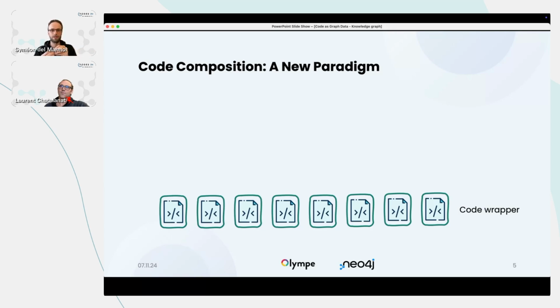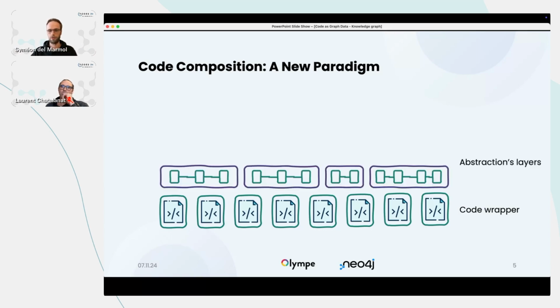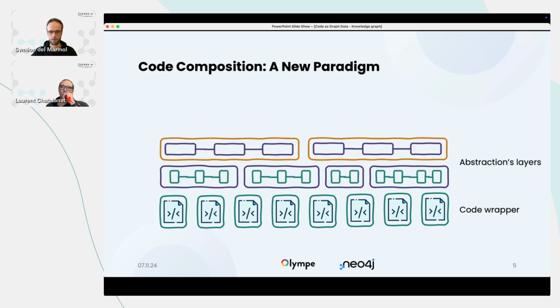It is something that just executes a contract. If you give it inputs, it will give you outputs that are well-defined, well-known, and you can wrap it inside those, let's say, boxes. Those boxes are the smallest piece of that language. They standardize your code. And once you have that, you can start composing and creating abstraction layers.